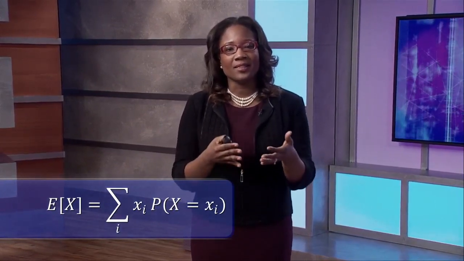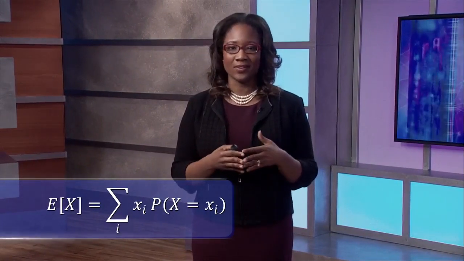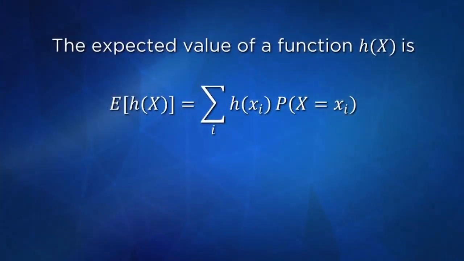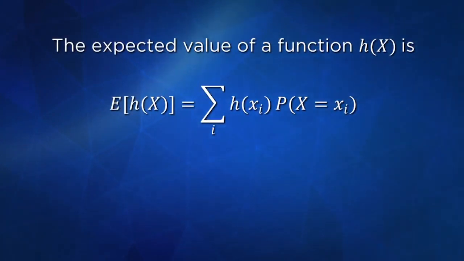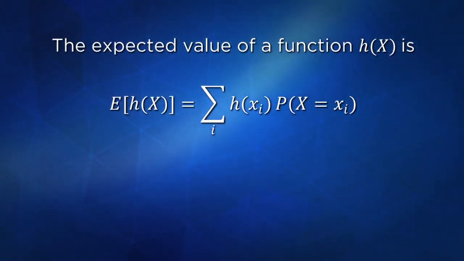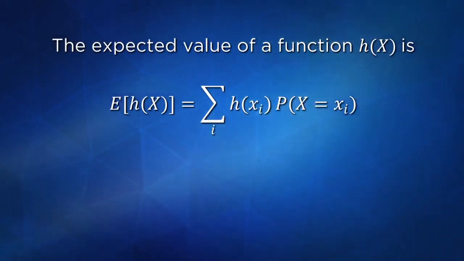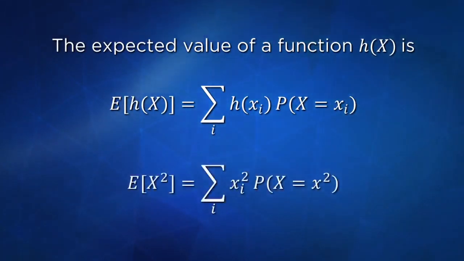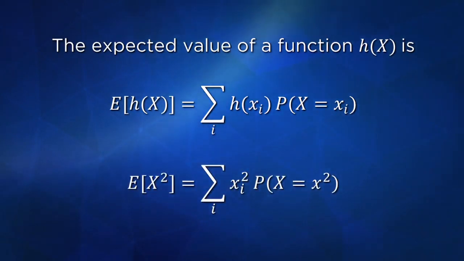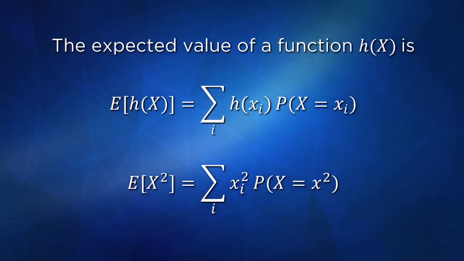Here, we're going to just plug in the function h of x in place of x. So the expected value of h of x is the sum of h of xi times the probability that x equals xi. Let's do that for x squared. The expected value of x squared is going to be the sum of x squared times the probability that x equals x.